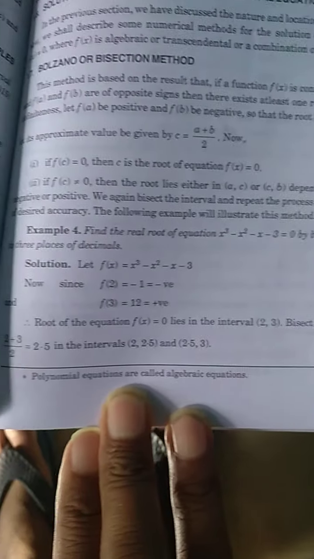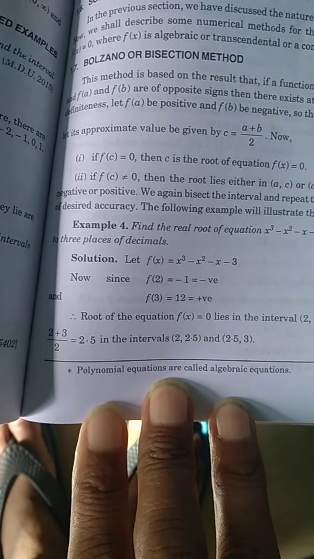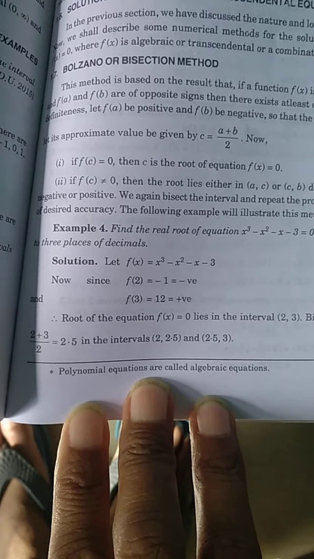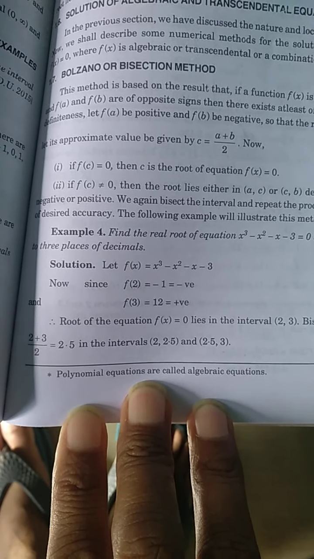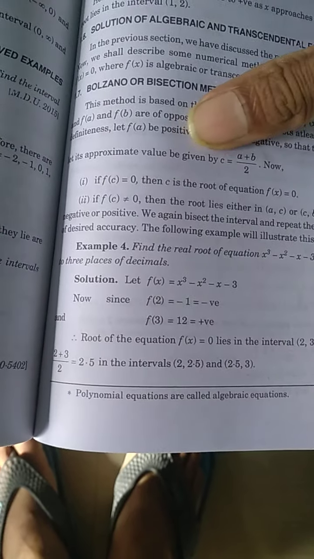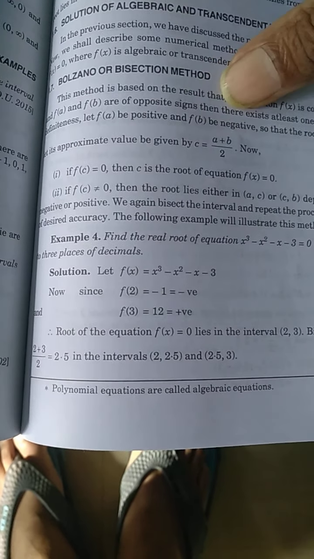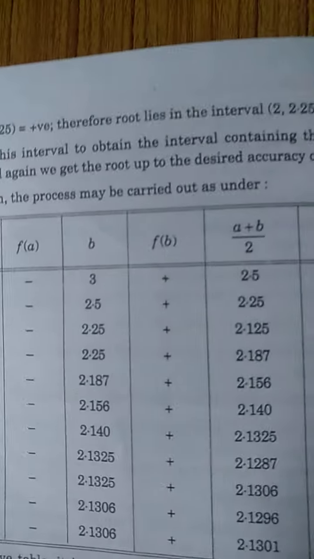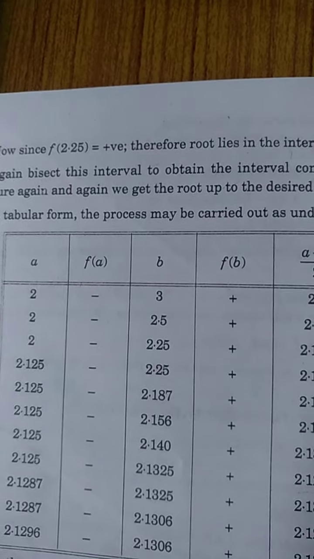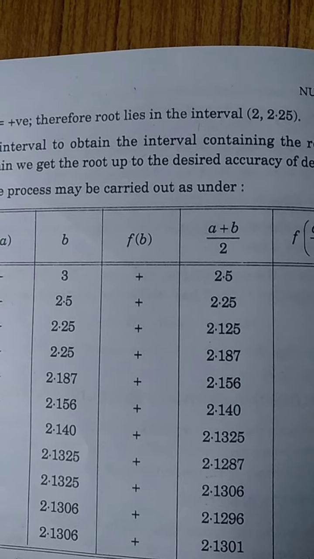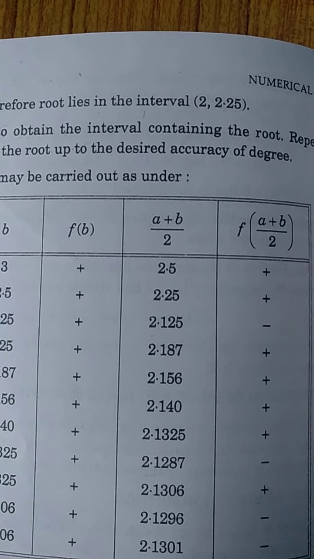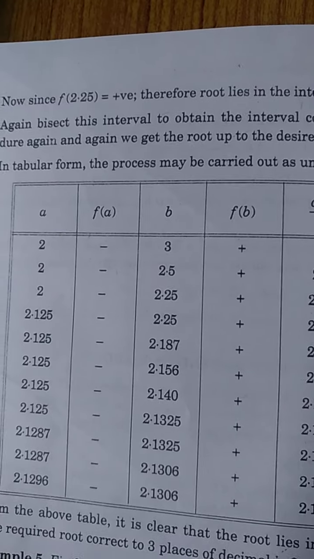Bisect this interval by the point (2 plus 3) by 2 equal to 2.5, giving the intervals 2 to 2.5 and 2.5 to 3. Polynomial equations are called algebraic equations. Now since f of 2.25 is positive, the root lies in the interval 2 to 2.25.